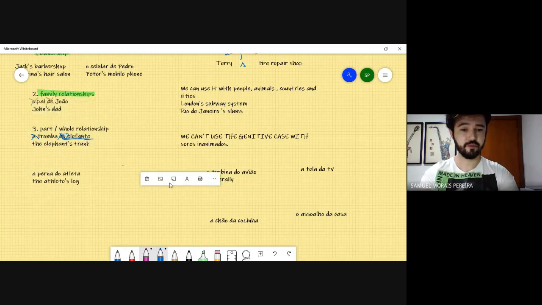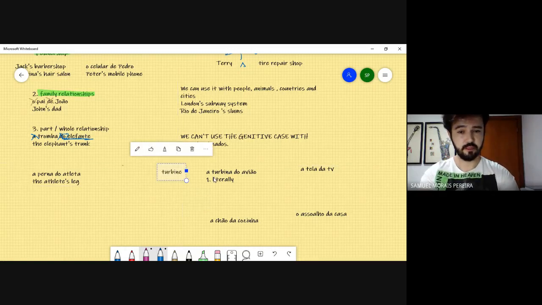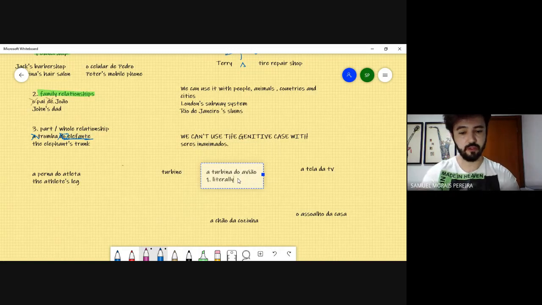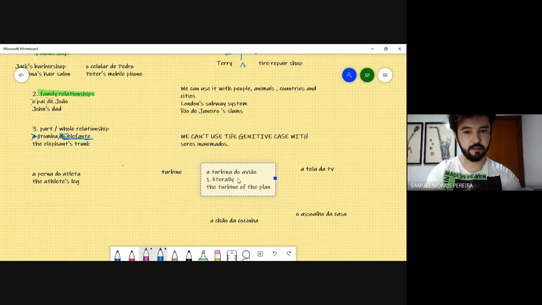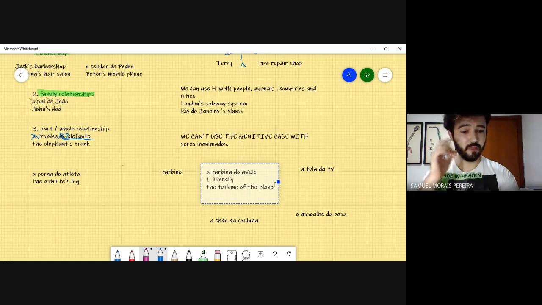So, for example, if you know that turbina is turbine, e que avião é plane, você consegue traduzir, ó. Como que se faz a tradução, professor? Você faz literalmente, ó, the turbine of the plane, okay? It is possible, but the problem is, this is the least used structure, okay? They use the other one much more.